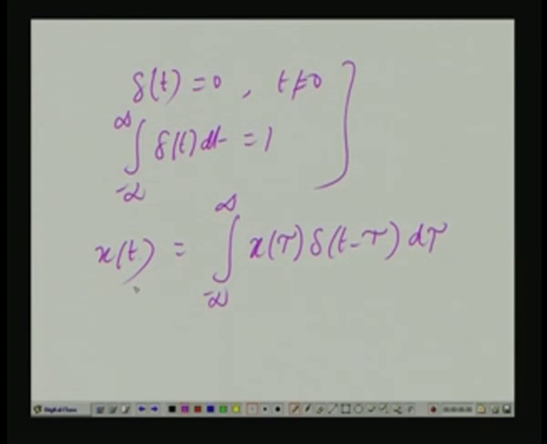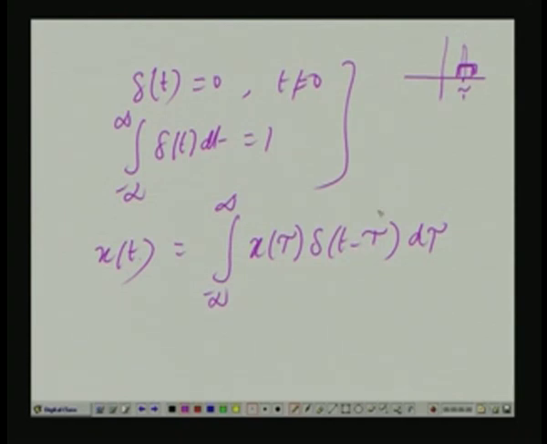You obviously get x(t), because delta(t minus tau) is the impulse shifted to tau. You are approximating the impulse first by taking a box of area 1, shifting it to tau, whereas earlier it was centered at the origin, and then compressing it, and finally in the limiting case it becomes an impulse at tau.